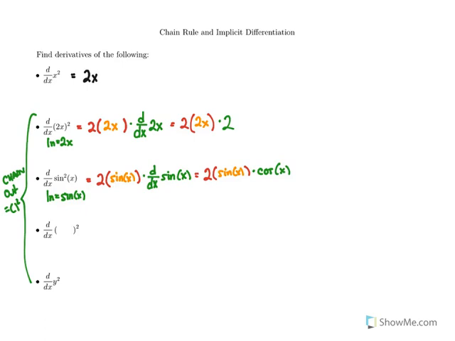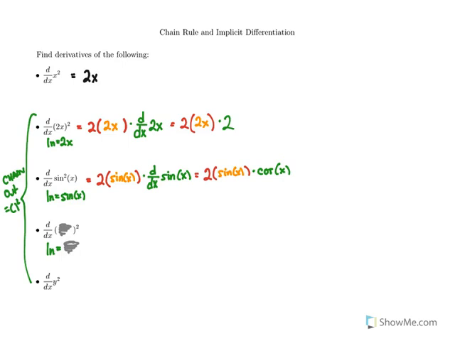All right, what if we had something really weird in there? Let's do a little tornado squared. Here, the inside function is this tornado.